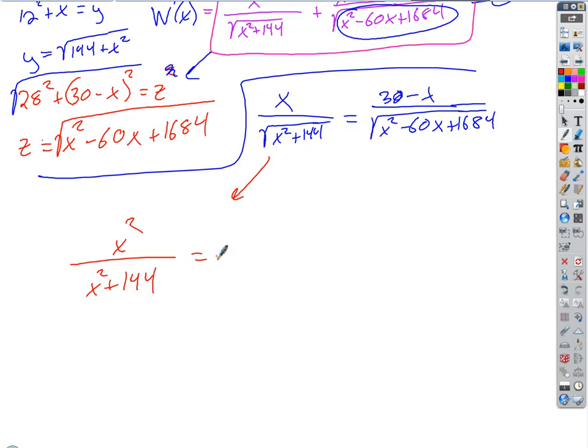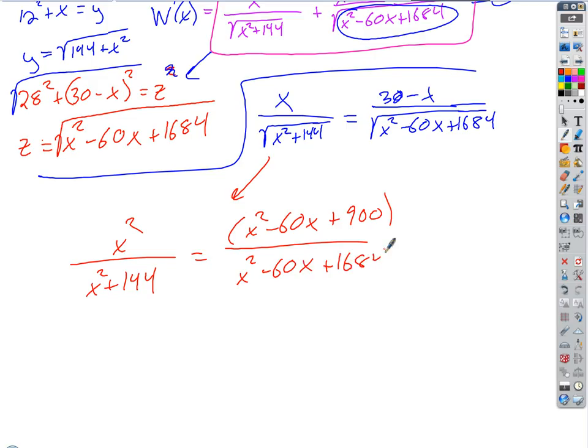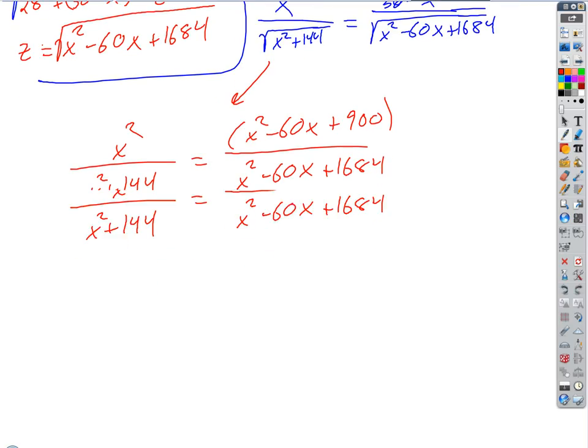If we square this side, we're going to get x squared minus 60x plus 900 over that. If I square 30 minus x, everybody agrees I get that? Okay. So now we cross multiply.